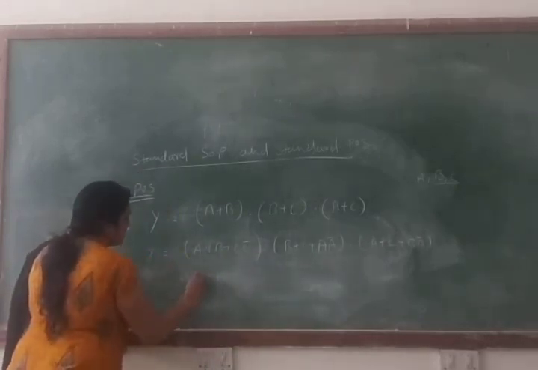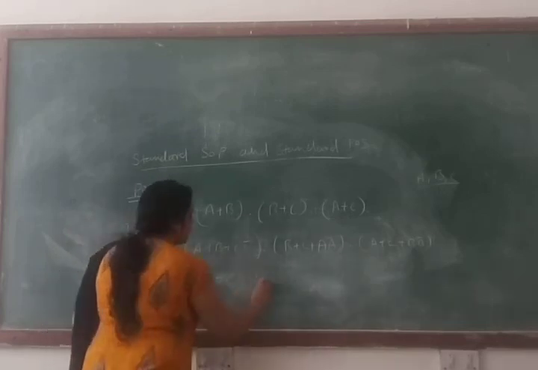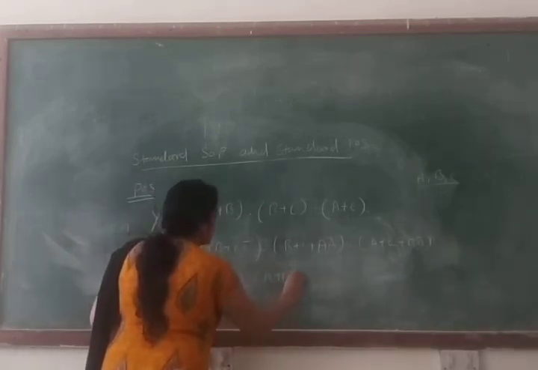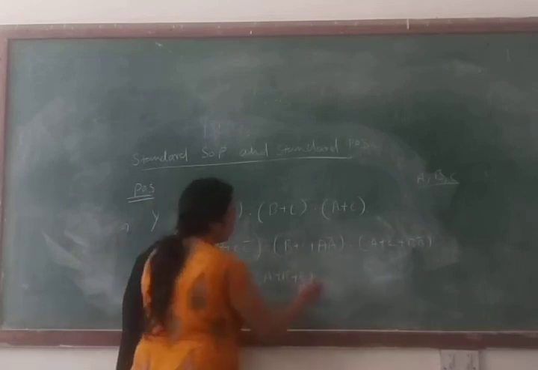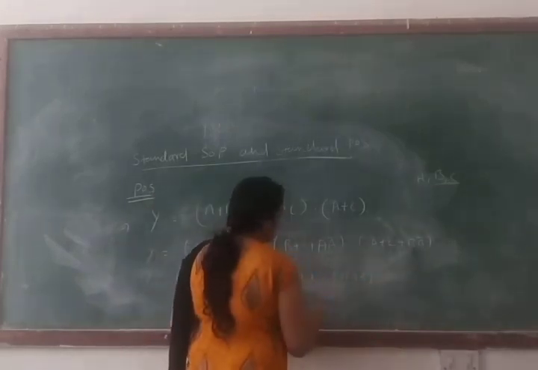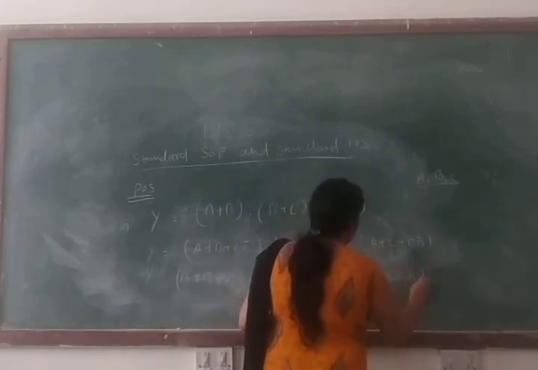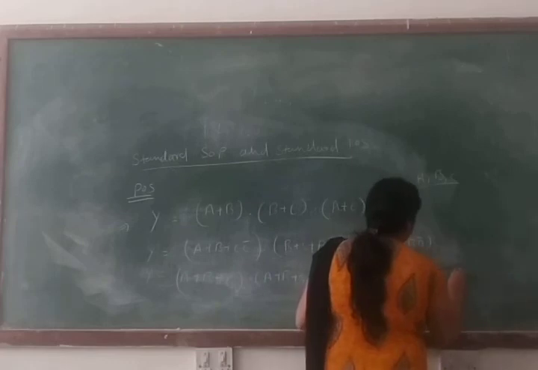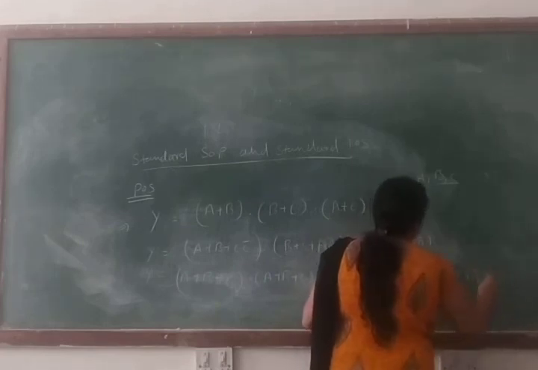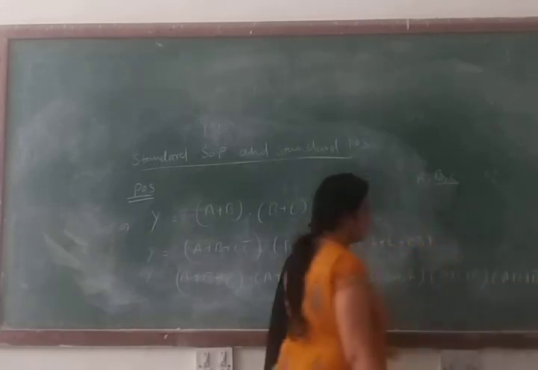So A plus B plus C dot A plus B plus C complement dot B plus C plus A, then B plus C plus A complement, then A plus C plus B, and A plus C plus B complement, right?